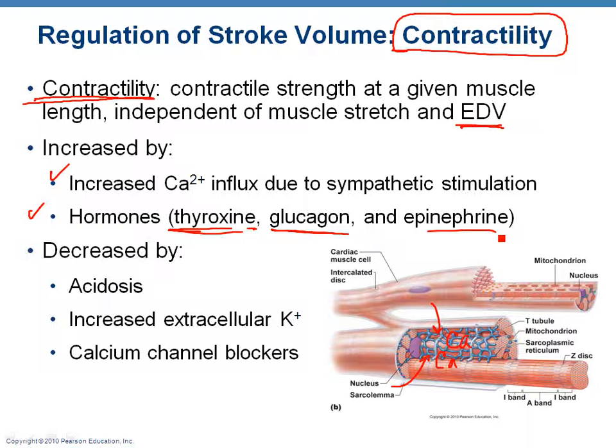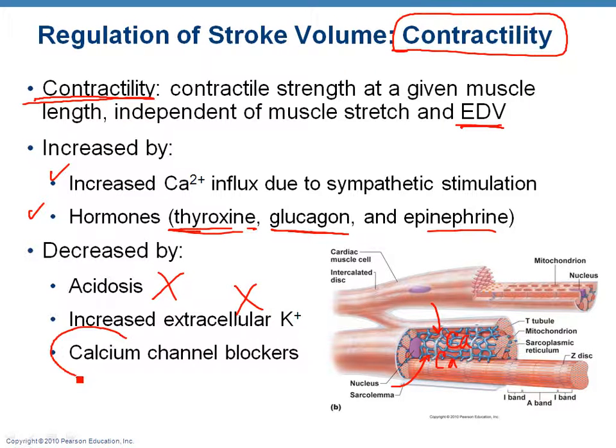Some things that decrease contractility: acidosis, if your body fluid pH is below normal, and increased extracellular potassium ions, which affects the charge difference across the membranes of your cardiac muscle fibers and makes it more difficult to depolarize them, leading to a contraction.